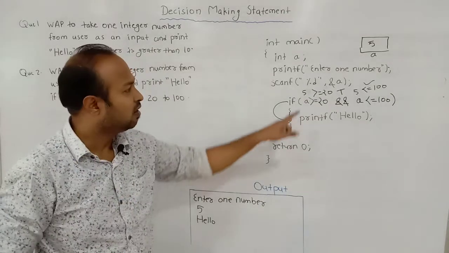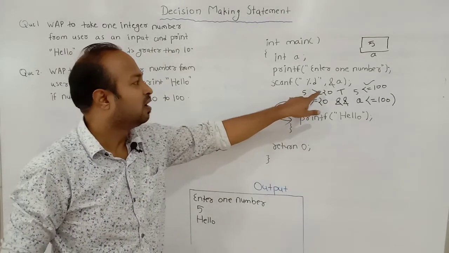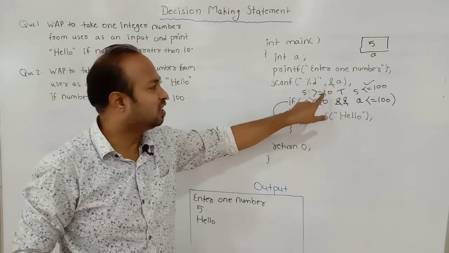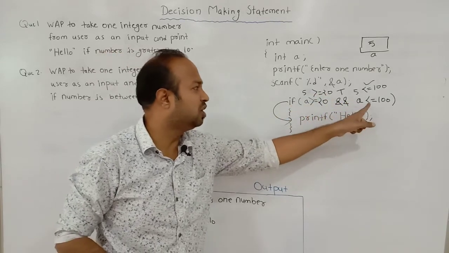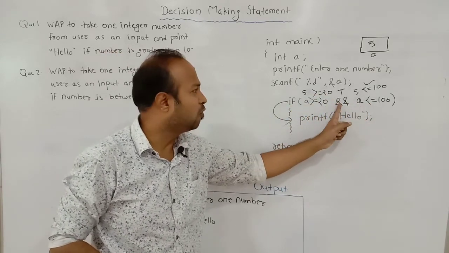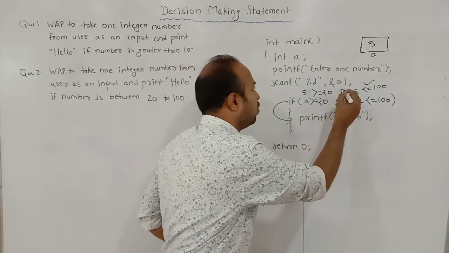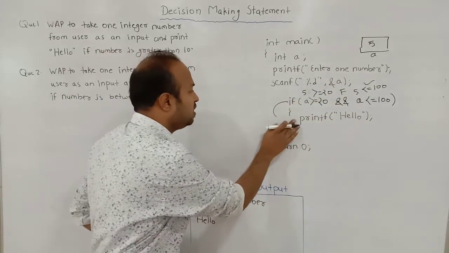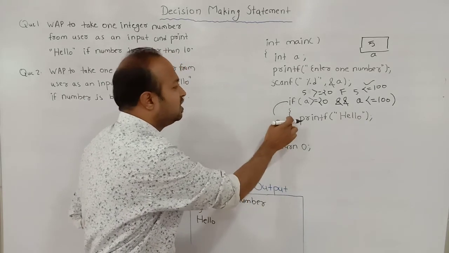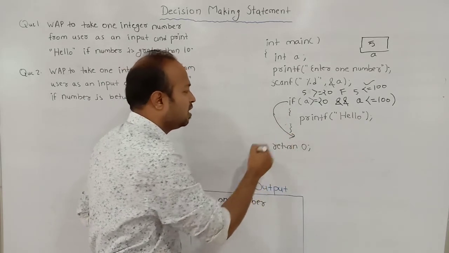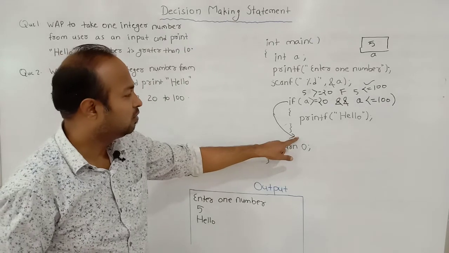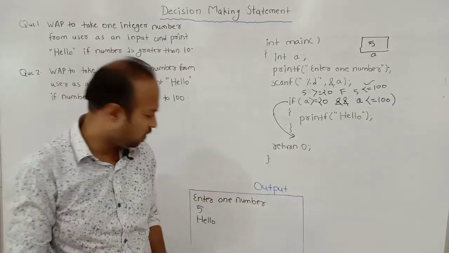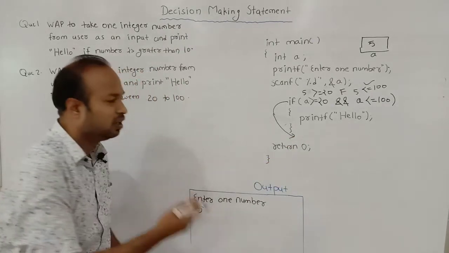This condition is false. 5 can't be greater than 20. Since this condition is false, there is no need to check the other condition because the AND operator will return false. If the condition is false, we can't move within the if. We jump after the if, and in this way our program ends here and we print nothing.